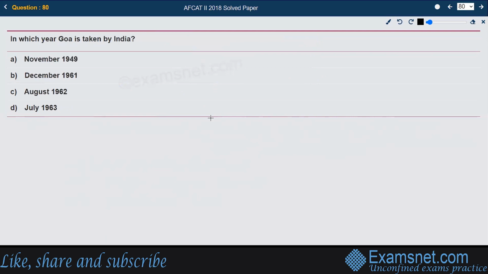80. In which year was Goa taken by India? The right answer is December 1961. The Republic of India annexed the former Portuguese Indian territories of Goa, Daman, and Diu.